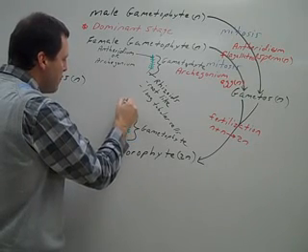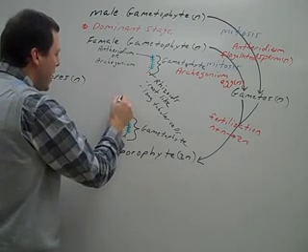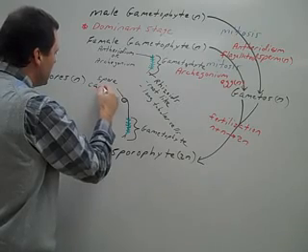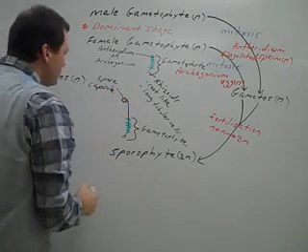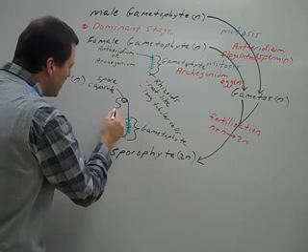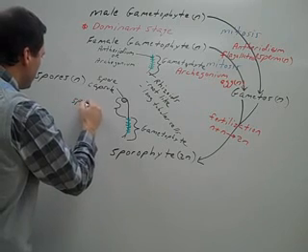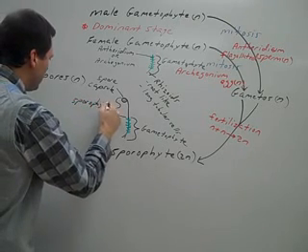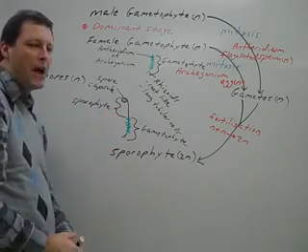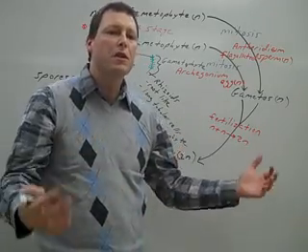And it grows up, up, up, up, up, curls around, and we've got a nice spore capsule right at the top. And this whole structure here is going to be called the sporophyte. Eventually what's going to happen is this spore capsule is going to break open and release the spores out into the environment.